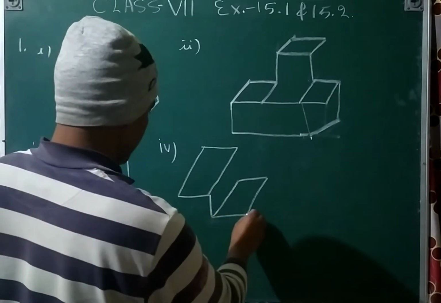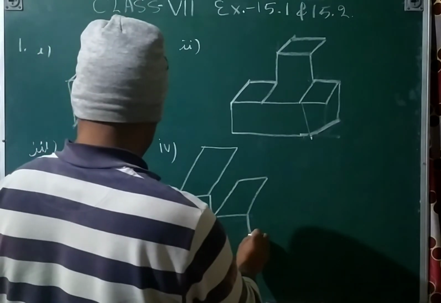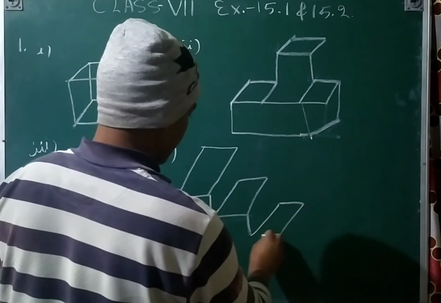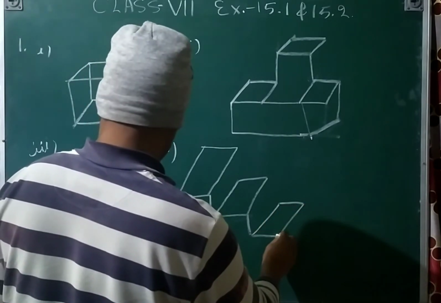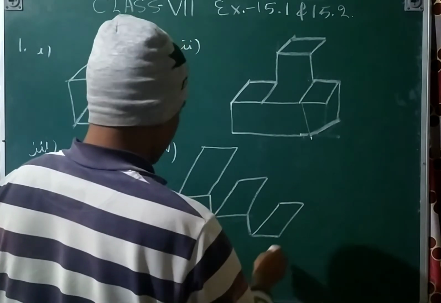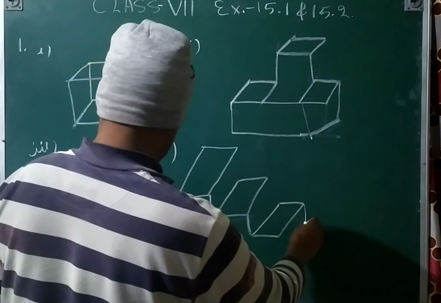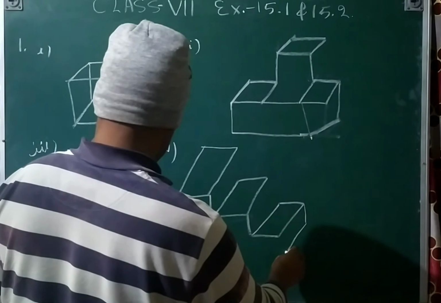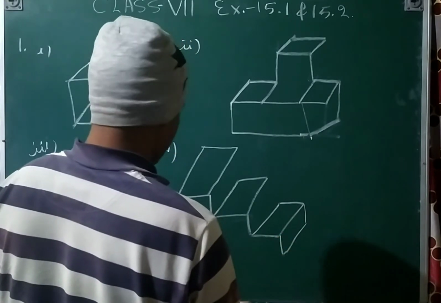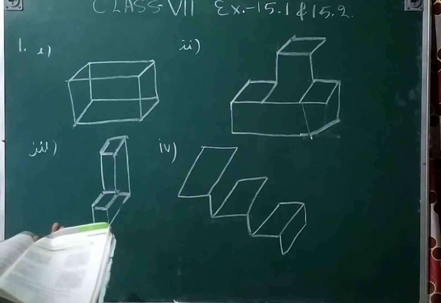Oh no, sorry, from here that will go just down, and then again 1 2 3 4, 1 2 3 4, that will come down, and then that will be like this. The diagram looks like this.